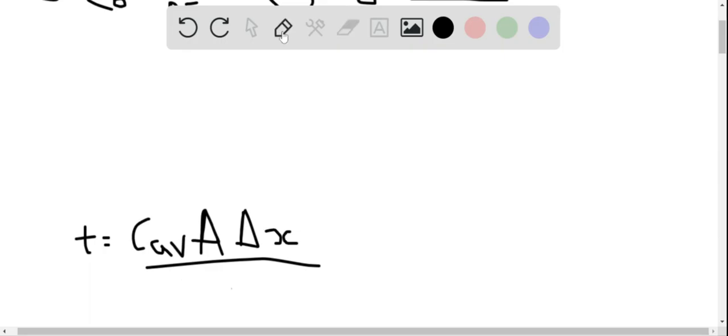So this is the formula we'll be using to calculate the average time for diffusion to occur.